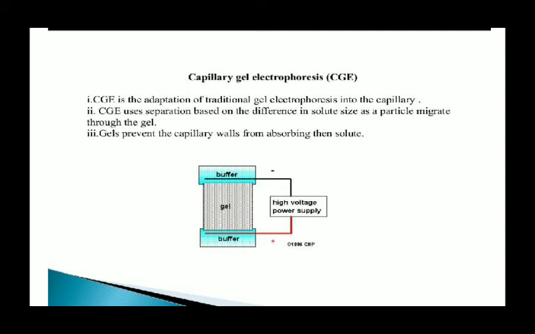It is an adaptation of traditional gel electrophoresis into the capillary. It uses separation based on the difference in solute size as particles migrate through the gel. The ability to effect a separation using size is helpful when the solutes have a similar electrophoretic mobility, for example fragments of DNA.